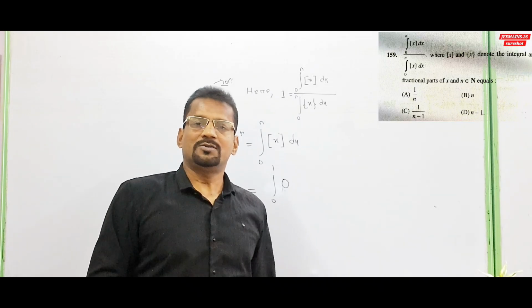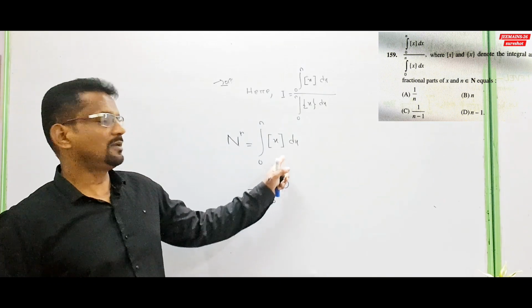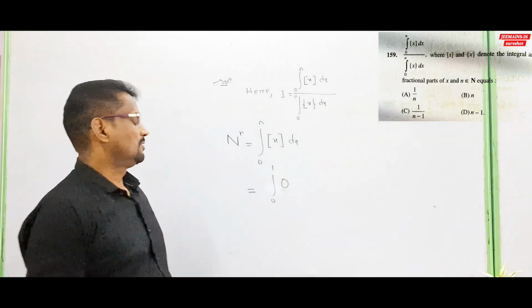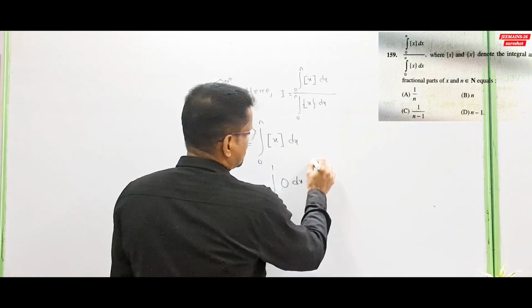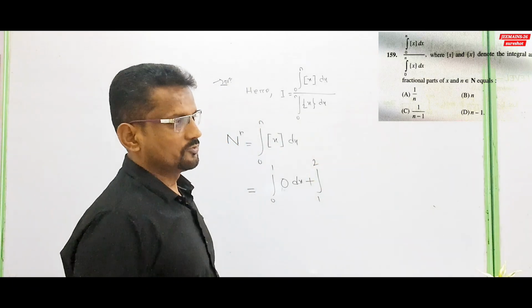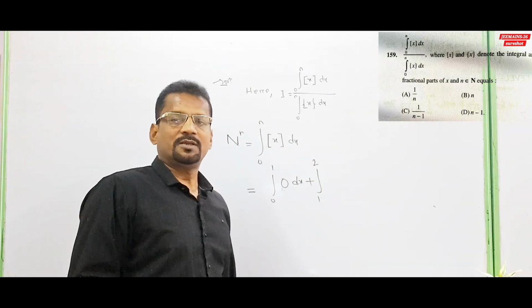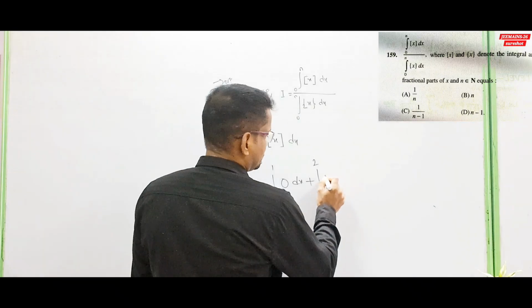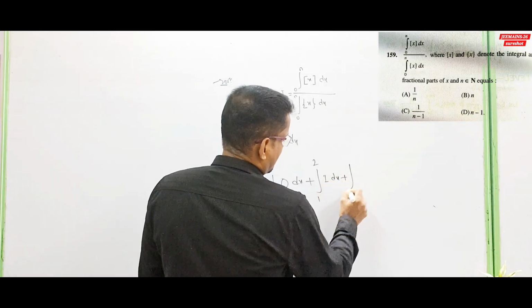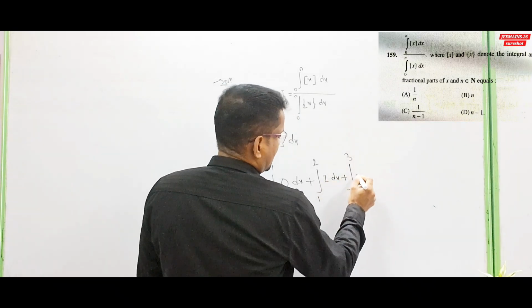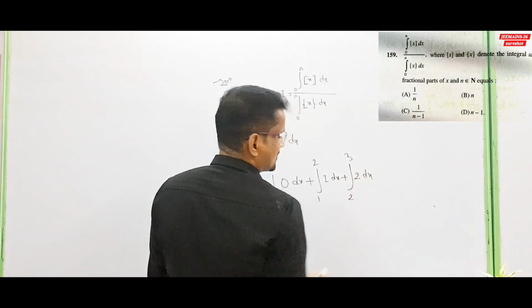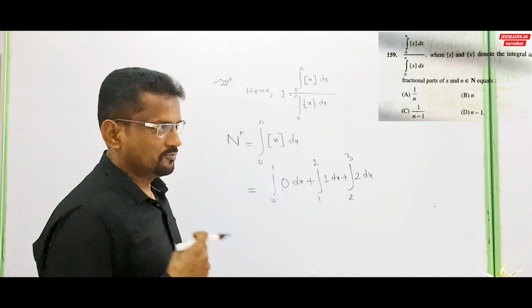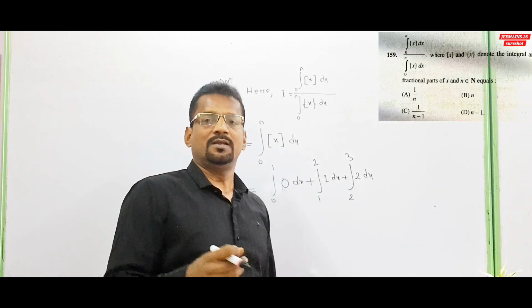So the integral part is always 0, and it is saying to take the integral part, so 0 dx. Now continue: 1 to 2. Between 1 and 2, it will be 1 point something, so the integral part is 1, dx. Plus 2 to 3. The integral part is what? 2 dx.